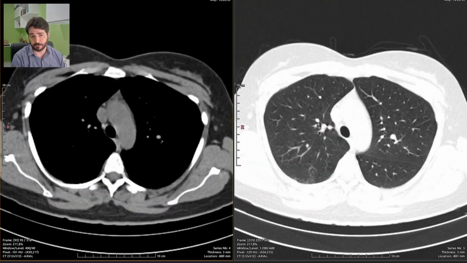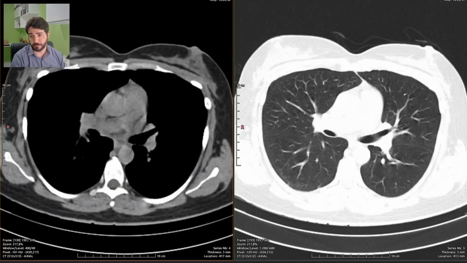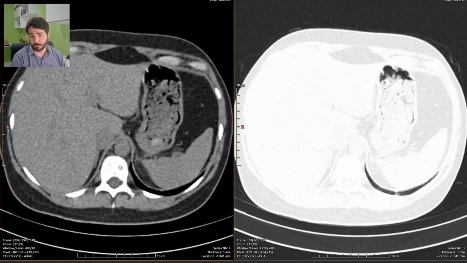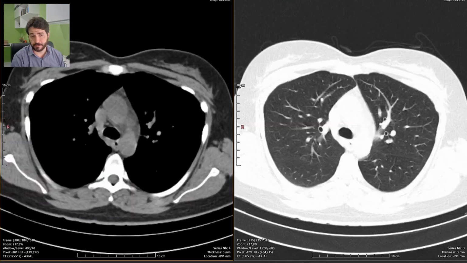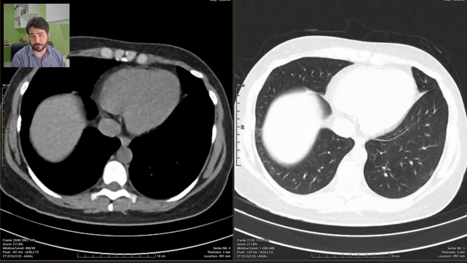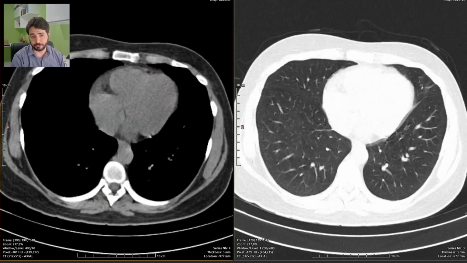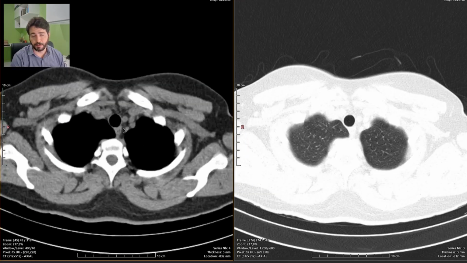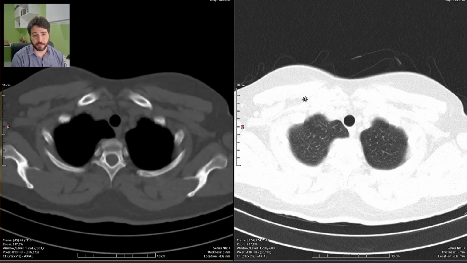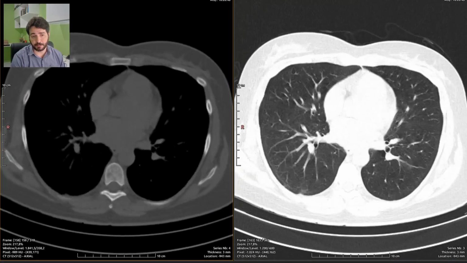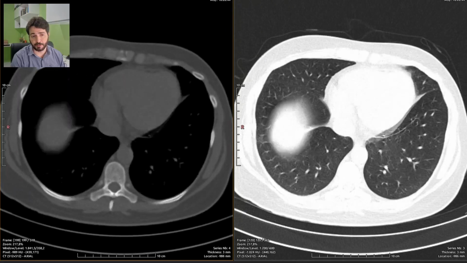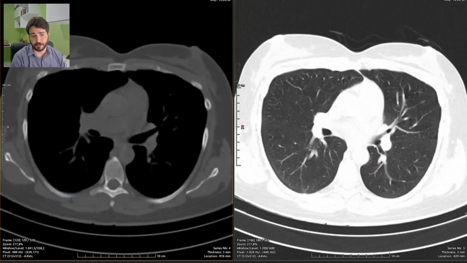Heart, vessels, lung parenchyma, soft tissue, structures, great vessels, mediastinum, pericardium. It's all fine. Let's try out a MPR in a second to see if we can notice anything else on the bones.